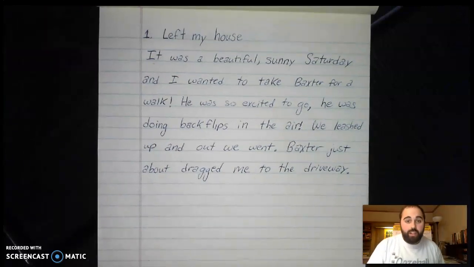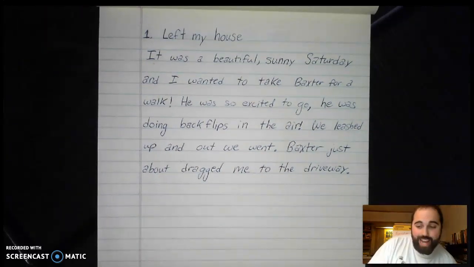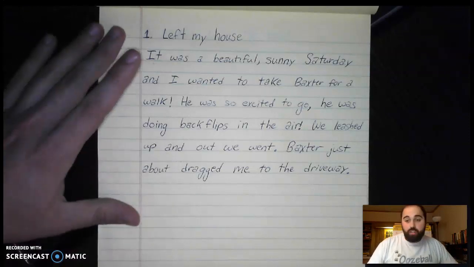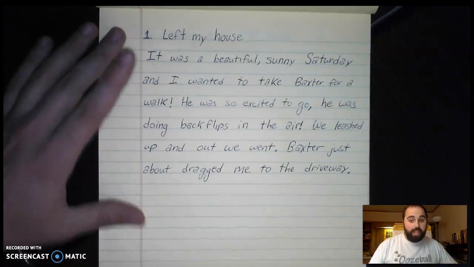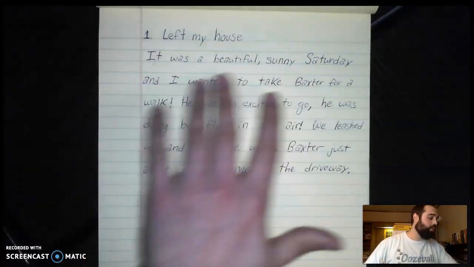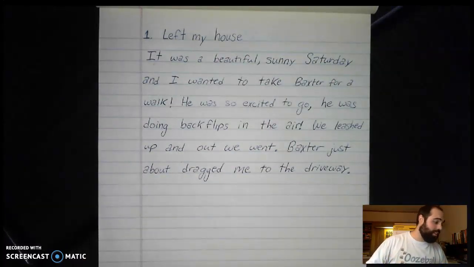So, taking a look at this first page, I could have just said simply, I went for a walk on Saturday, I took Baxter, we had fun. Come on. I took this first part of my small moment and I really stretched it. I talked about the setting, what it was going to be like, a beautiful sunny Saturday.